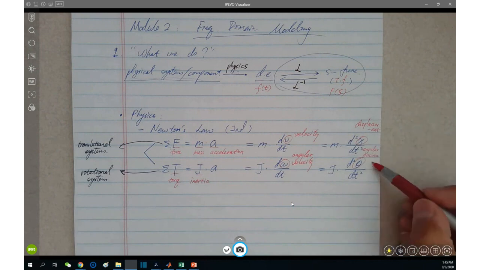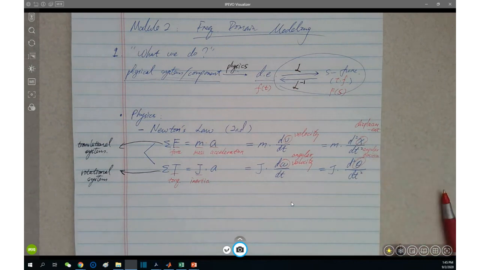This is nothing but what the encoder feeds back, remember? From the real system we just saw, the angular position out of the encoder is nothing but theta. Well, to be honest, it's not directly theta, there's a conversion between theta and the signal provided by the encoder, but we won't go that far. So this is Newton's second law.